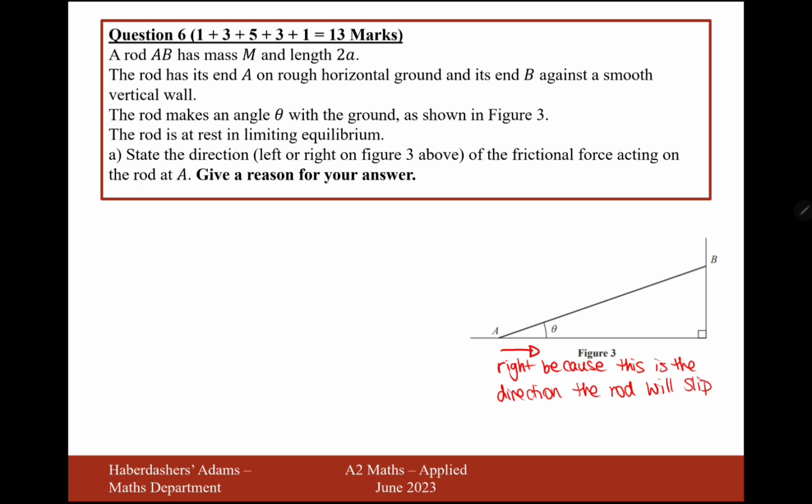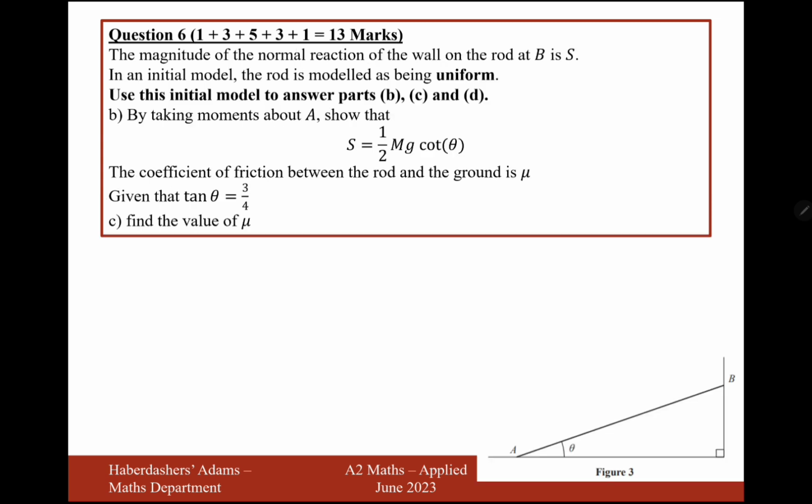The direction the rod will slip is to the left. So it would slip to the left, so therefore friction is acting to the right.